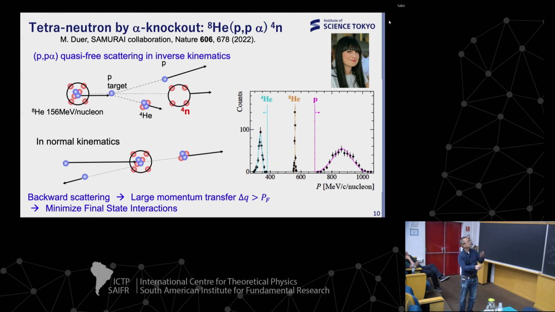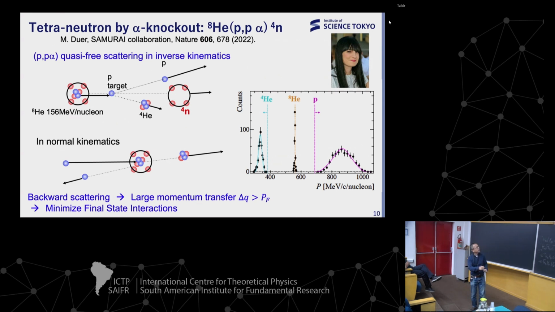Now I discuss the inverse kinematics, and helium-8 is here. So indeed, we selected this backward scattering. With that, using large momentum transfer, we can minimize final state interaction, right?